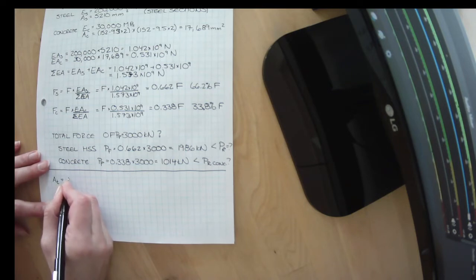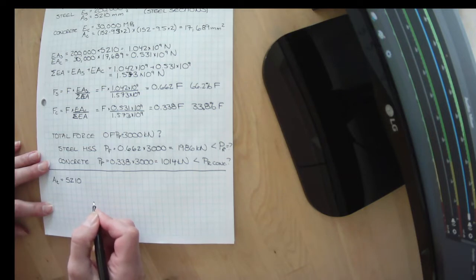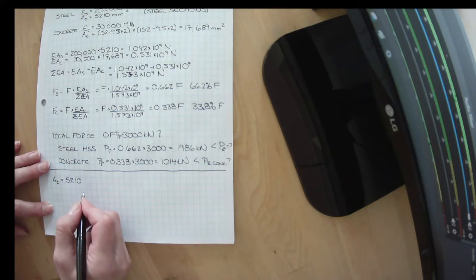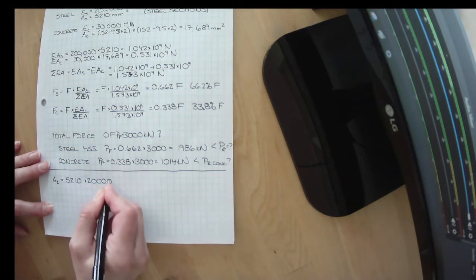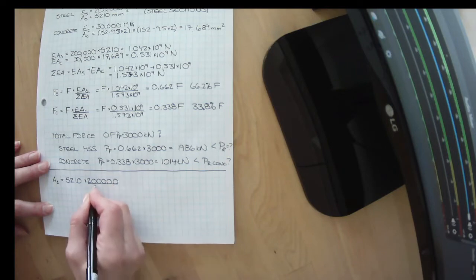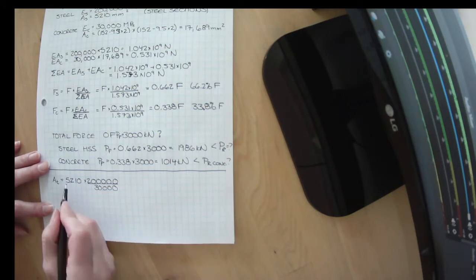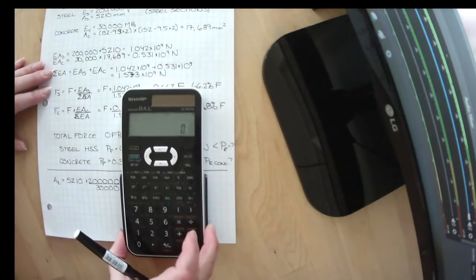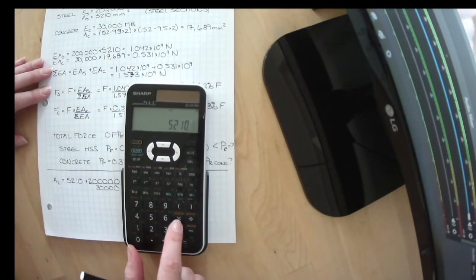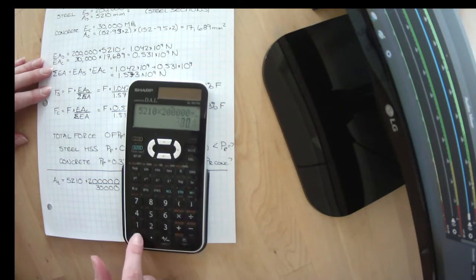So we had an area of 5,210 millimeters squared of steel, but we want to pretend that it is concrete. We had an E of 200,000, but we want to pretend it's only 30,000. So what area do we need instead then? So we have 5,210 times 200,000 divided by 30,000.